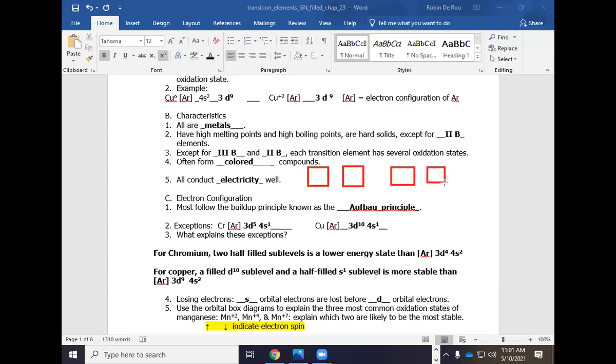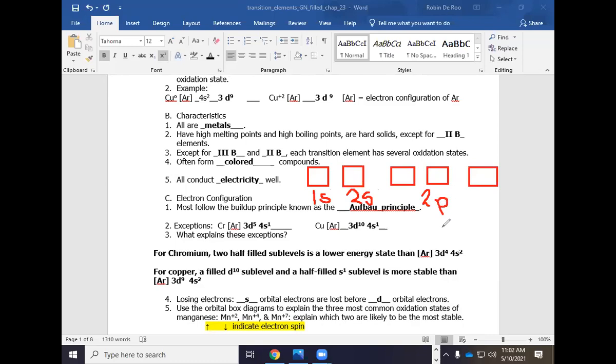The boxes represent the orbitals. This is how you did it. This is the 1s. This is the 2s. These are the 2p's. There's a 2px, a 2py, 2pz. We'll just put them all together.